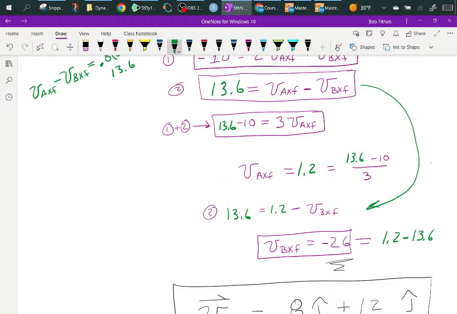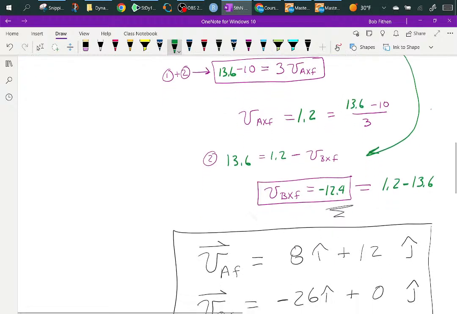Okay, 1.2 minus 13.6 is minus 12.4. Now, let us fix this.